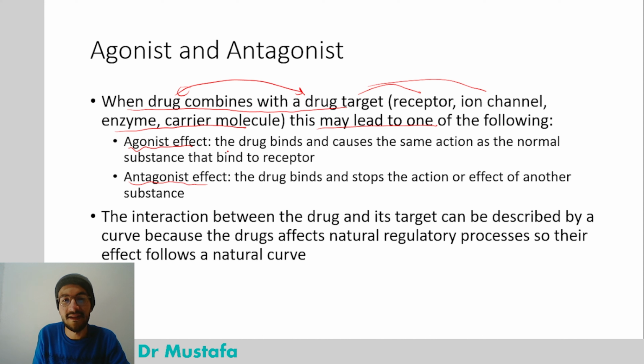The agonist effect is when the drug binds and causes the same action as the normal substance that binds to the receptor, while in the antagonist effect, the drug binds and stops the action or effect of another substance.